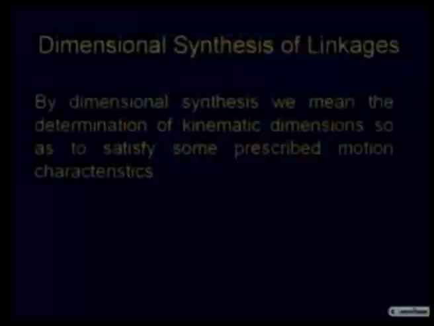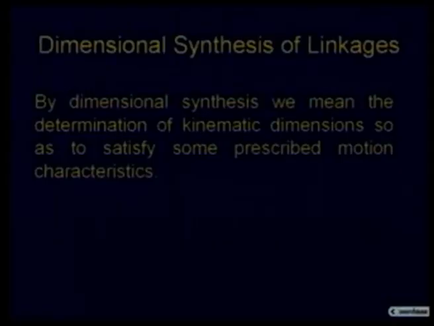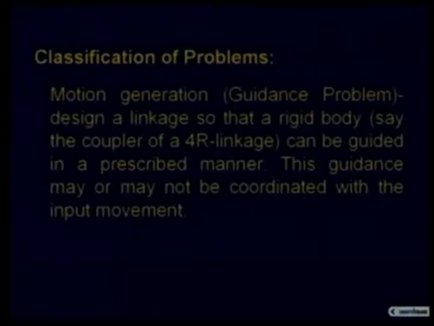For example, the first class of problems can be called motion generation. By motion generation, which we may also call a guidance problem, what we mean is that we have to design the linkage such that a rigid body, for example the coupler of a 4R linkage, which is a floating link, can be guided in a prescribed manner.